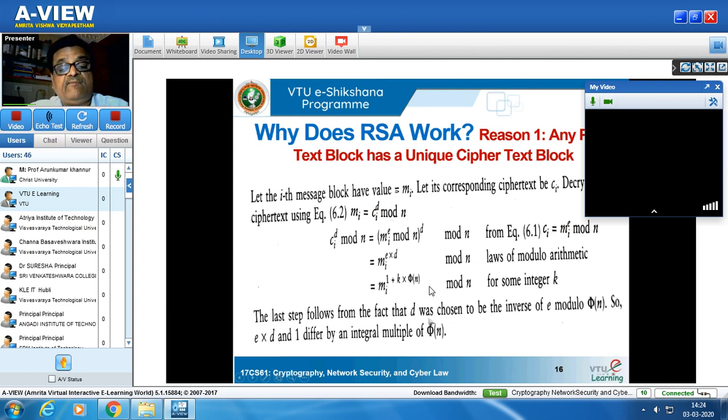The last step follows from the fact that D was chosen to be the inverse of E modulo Euler's function phi n. So E into D and 1 differ by an integral multiple of phi n.